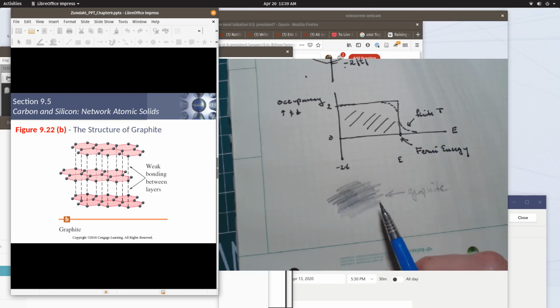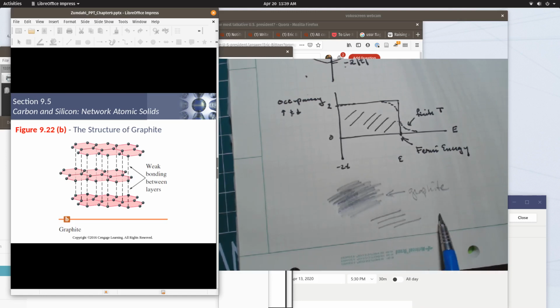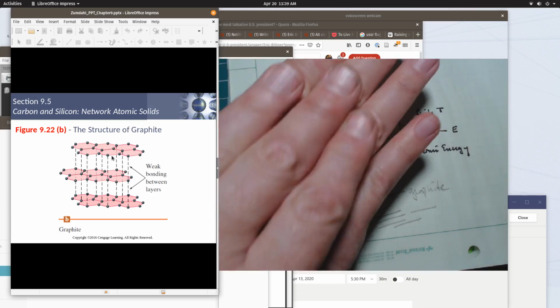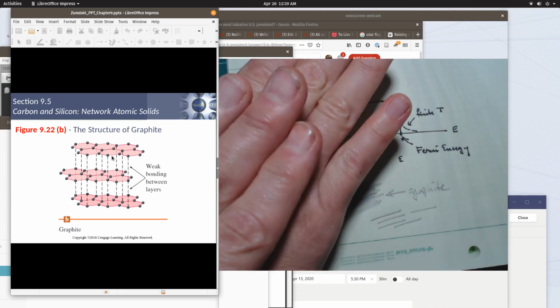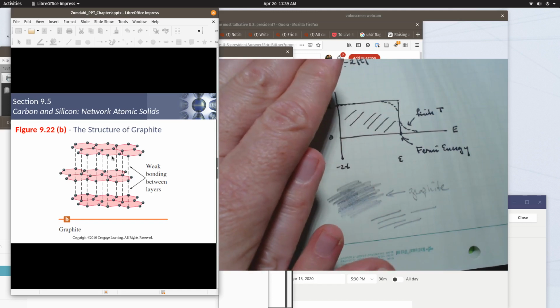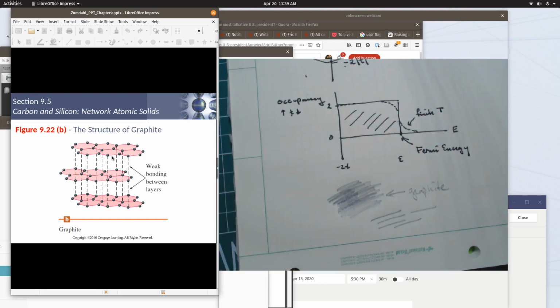And the reason graphite works so well as a lubricant, it slides right off, is that these planes of sp2 bonded carbon are basically free to slide back and forth over the top of each other, just like my hands are free to slide back and forth over the top of each other.